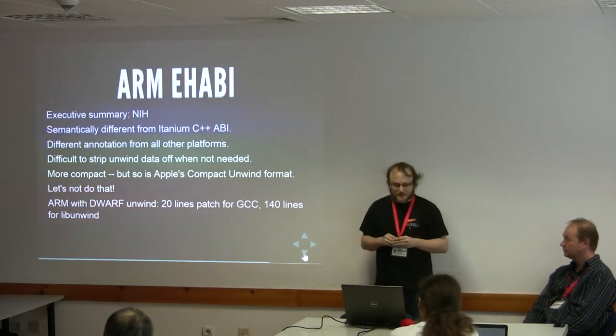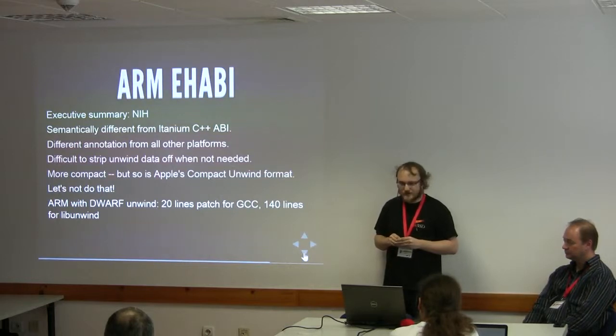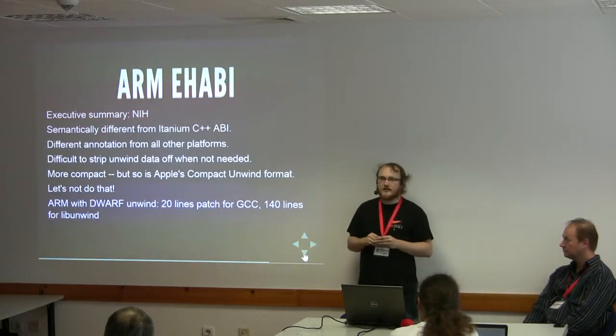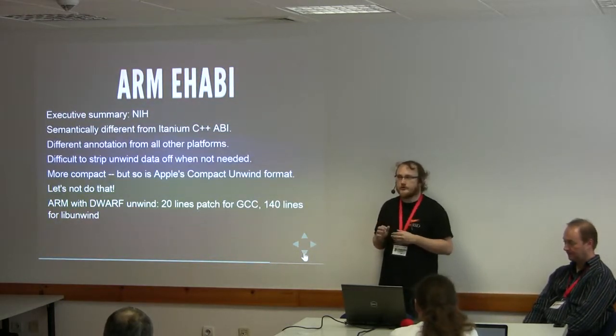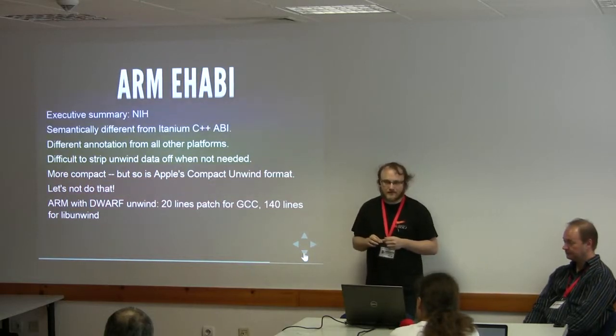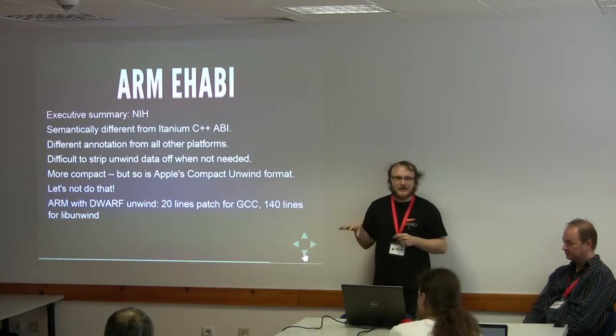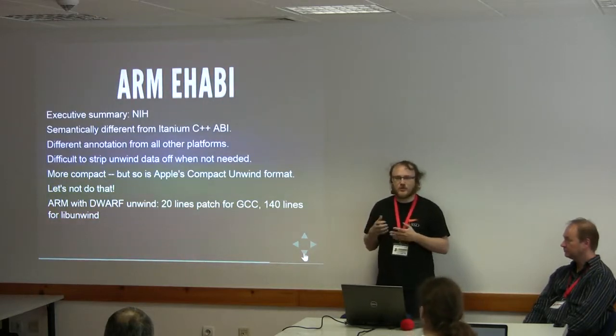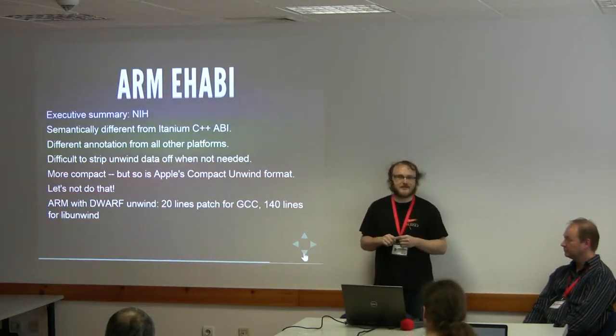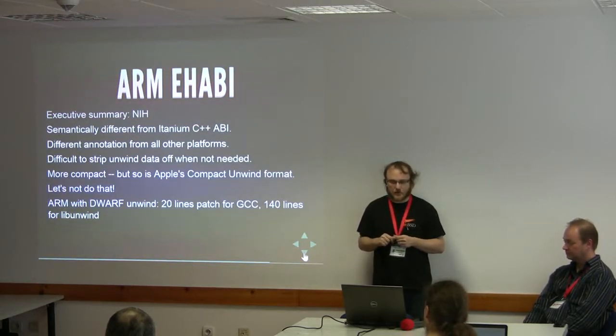ARM is different. And one of the issues you have when you want to use the ABI in the kernel is you get references to some functions no one really wants, but it's part of the way unwind data is written.